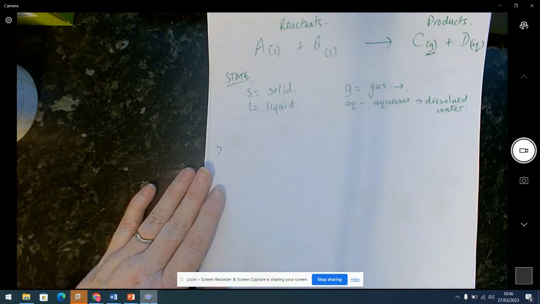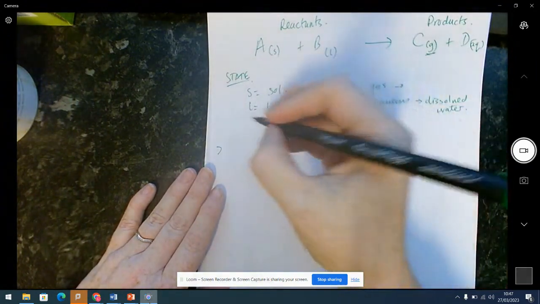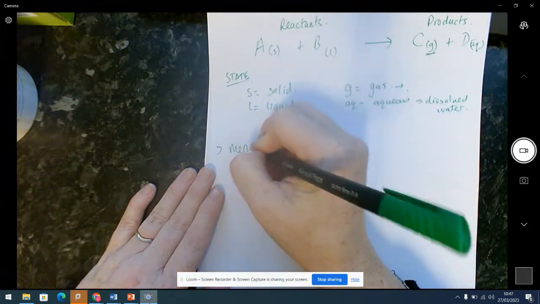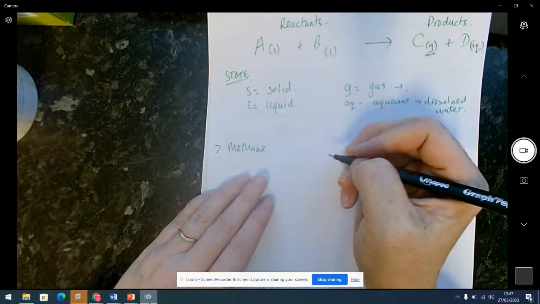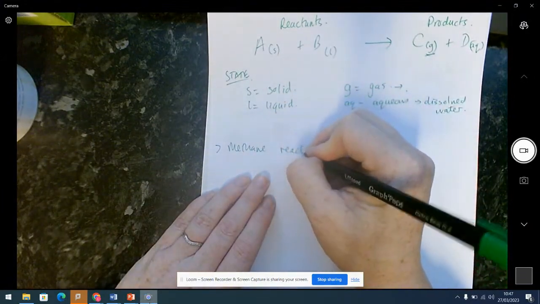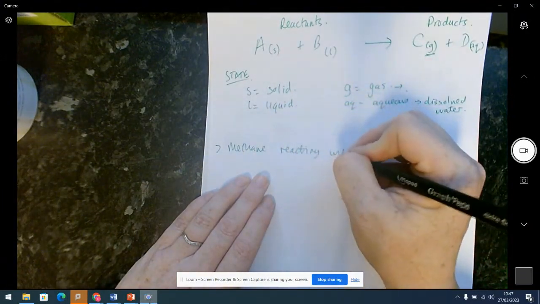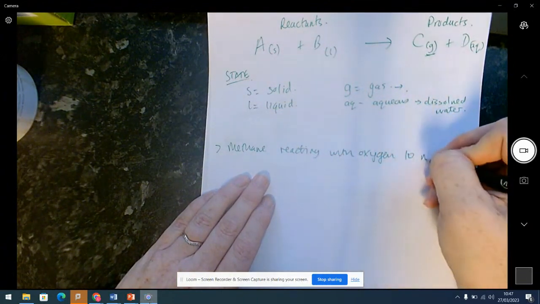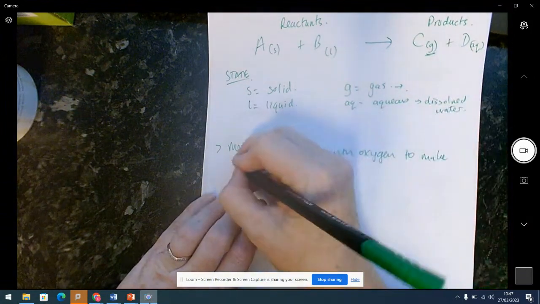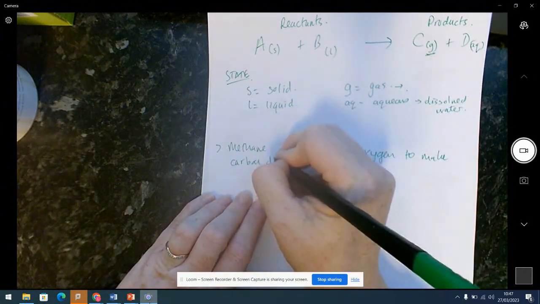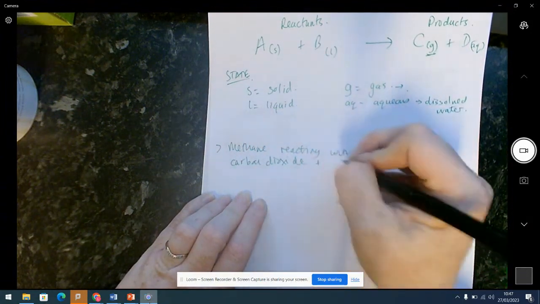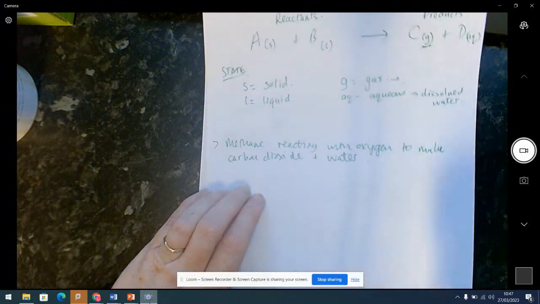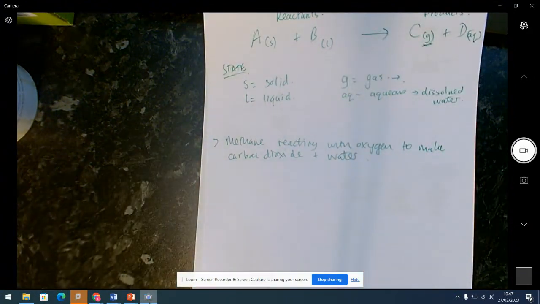Okay, so what types of things do you generally get asked? This is for combined and triple science. You may be given text. So for example, here we've got a question that says methane is reacting with oxygen to make carbon dioxide and water. And it then says to you, can you turn that into a symbol equation or a word equation?